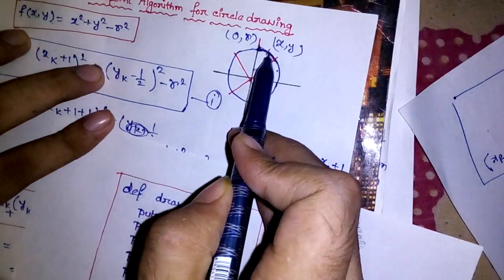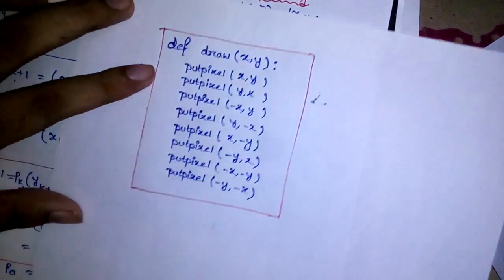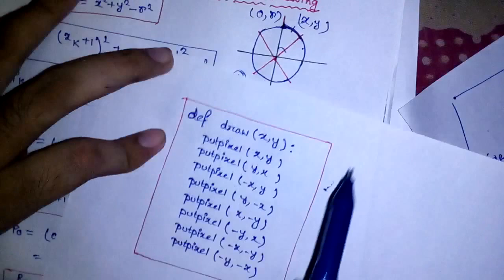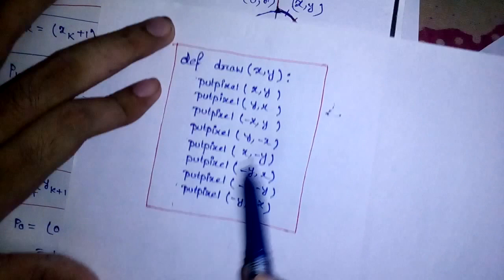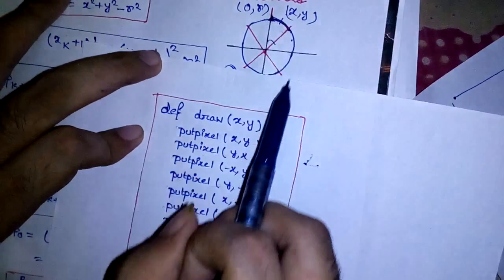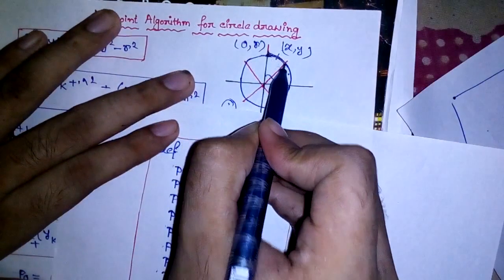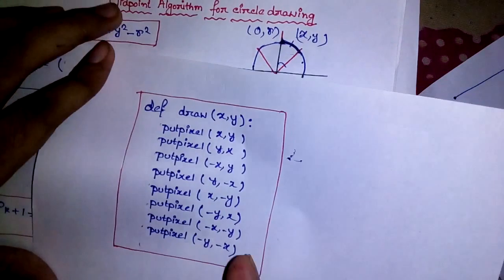If I can draw any one point, I can pass that into this draw function, and it will put a pixel on every combination. So you can see there are 8 combinations. For each point in this segment I can put 8 points, and by finding only this portion I can draw the entire circle. This is the beauty of the circle's property.